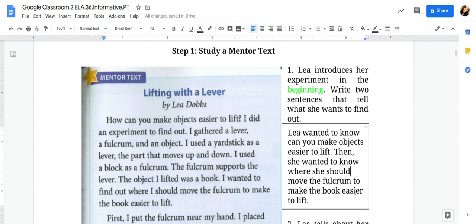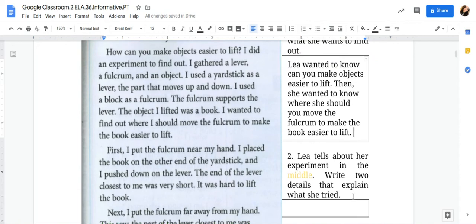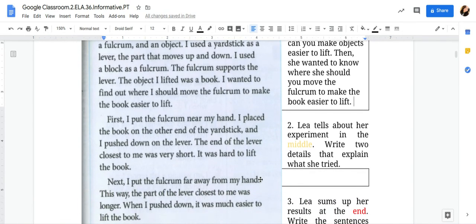There we go. Leah wanted to know, can you make objects easier to lift? Then she wanted to know, where should you move the fulcrum to make the book easier to lift? Excellent. We have two sentences.